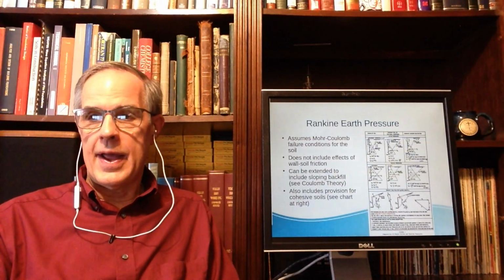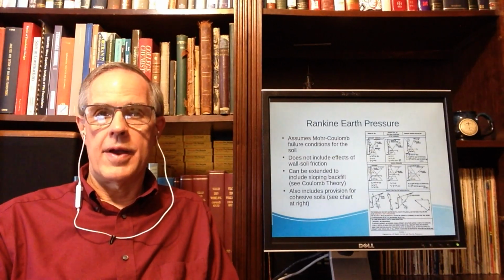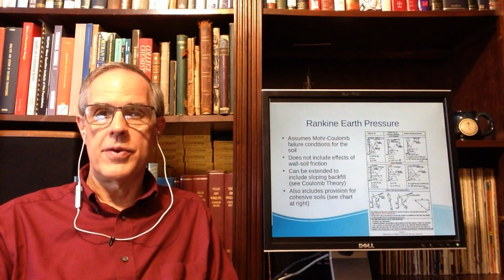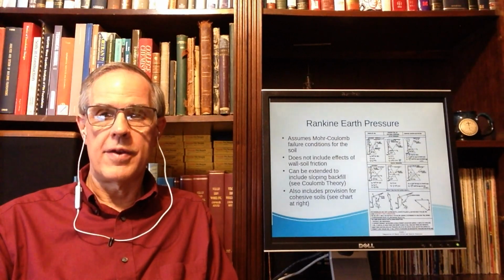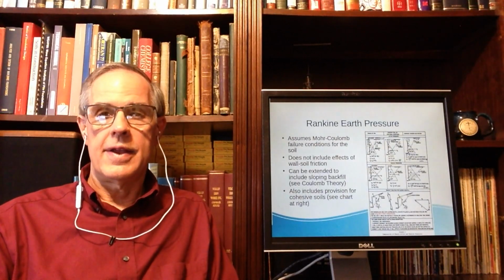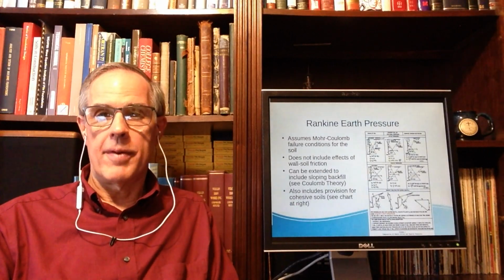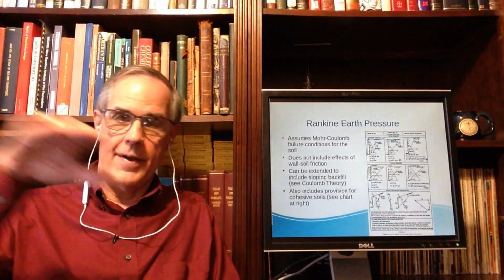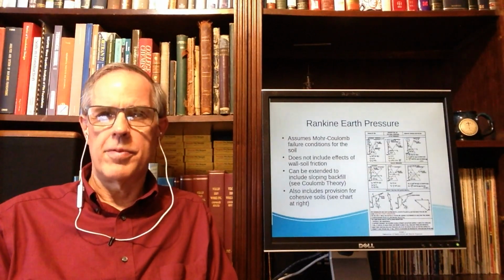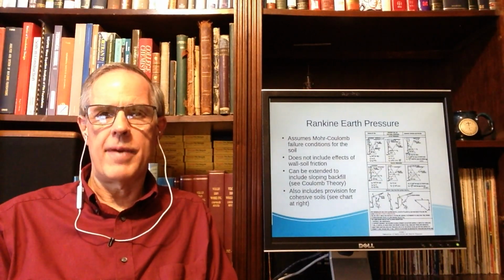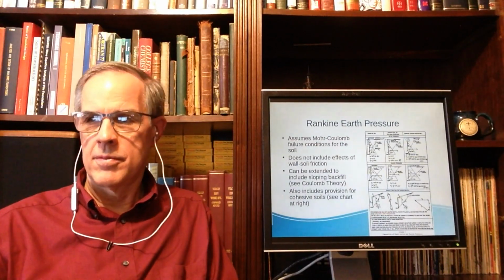And in my presentation last semester, we went through what the Rankine equations look like with sloping backfill, either sloping backfill up or, on the rare occasion, sloping backfill down. It's not very often that backfill slopes down up to a wall, but occasionally.